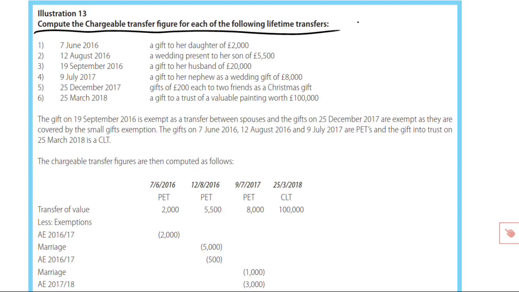Right, as we read a question, however, and we are told about transfers of value, the first thing we need to identify about the transfer of value is what label to ascribe to that transfer. Now we should know that in IHT terminology there are any of three different types of transfer.